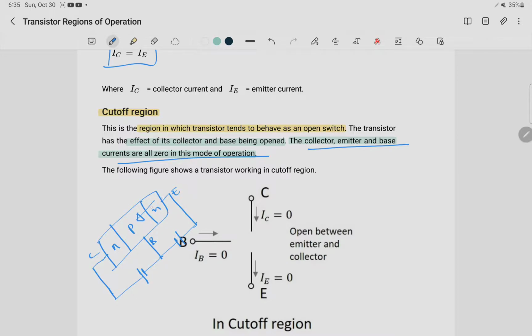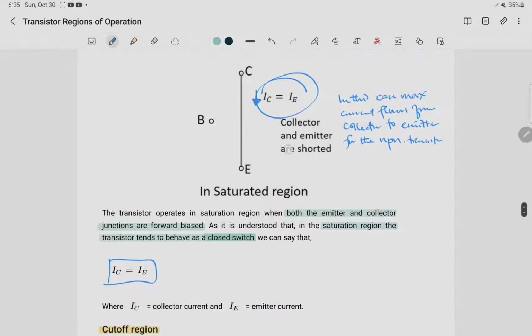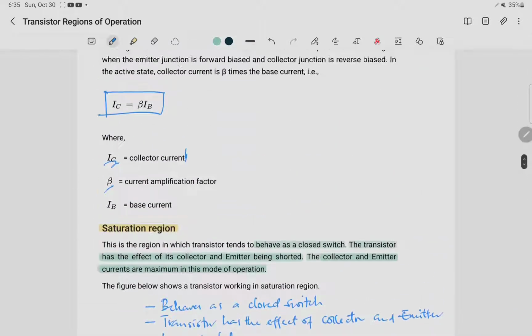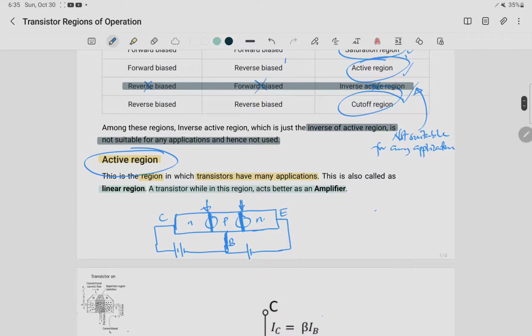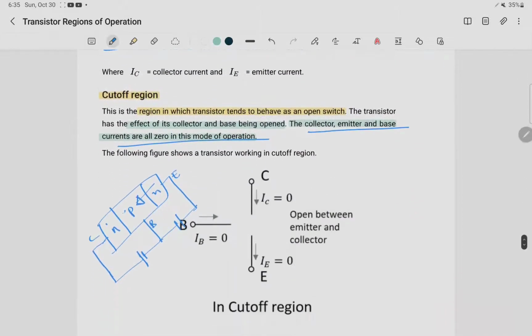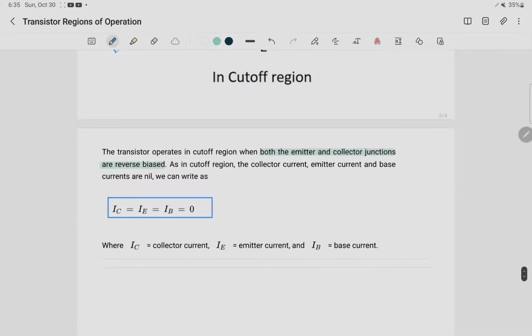There will be no electrons flowing from the emitter to the base, and so there will be no electrons trying to jump from the base to the collector, as is experienced in the active region, as explained earlier on. So those are basically that.